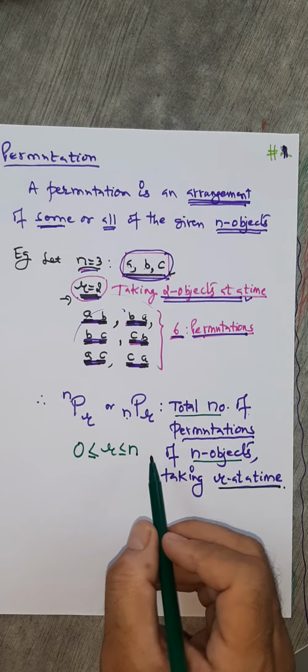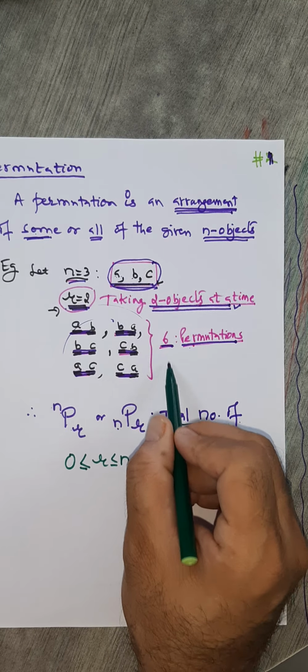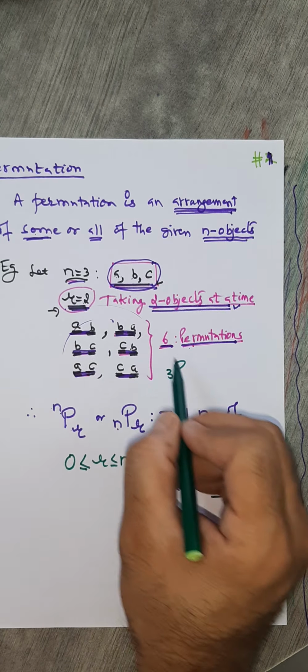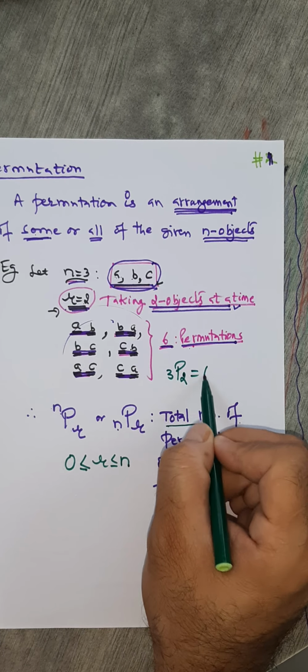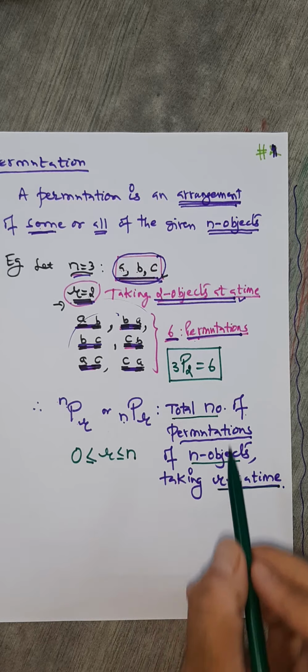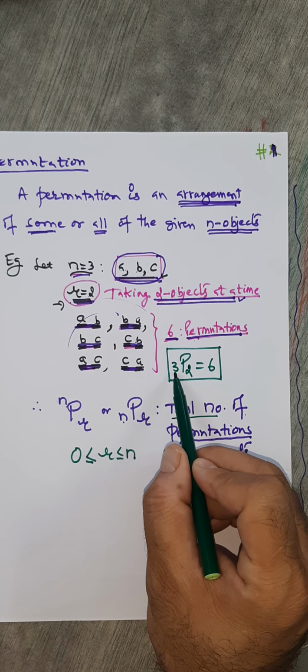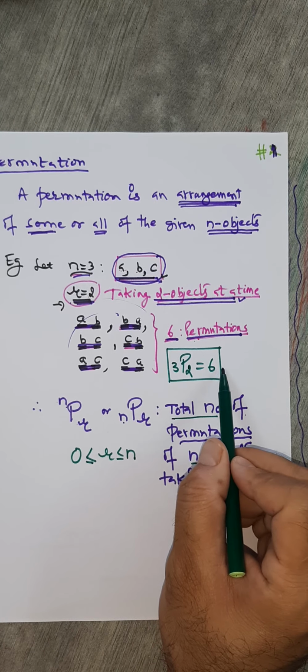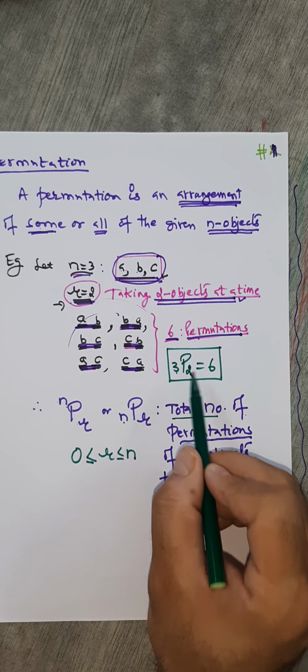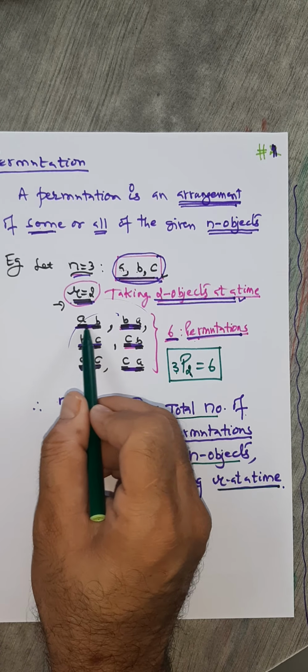So in above example here, how many objects have 3? How many at a time I'm taking? 2. So 3P2 equals to 6. What this 3P2 says? Total number of arrangements of 3 objects taking 2 at a time. That means you have two positions. Look, 1 2 1 2.